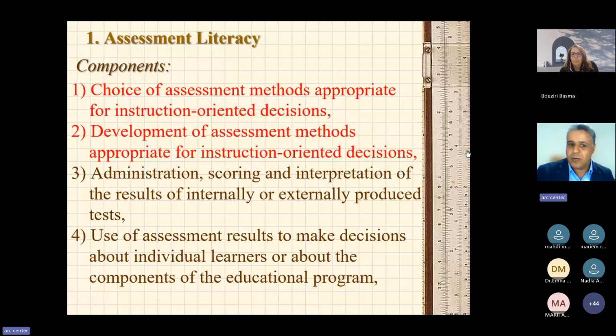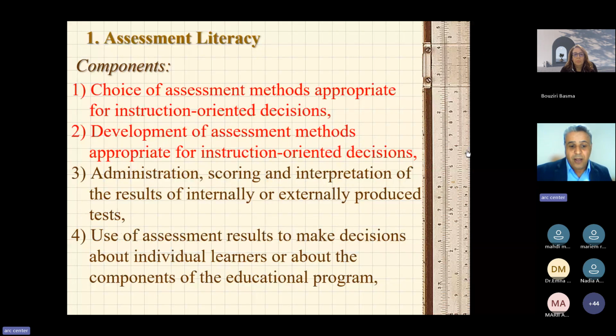If you are able as a teacher to transform the scores your students get on a specific test into a curve, then you can easily know whether your test is difficult or easy. And you can easily calculate, for example, the difficulty index or the facility index of your test. So here it's very important.